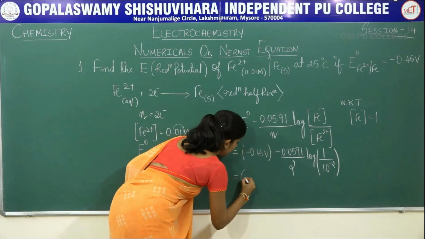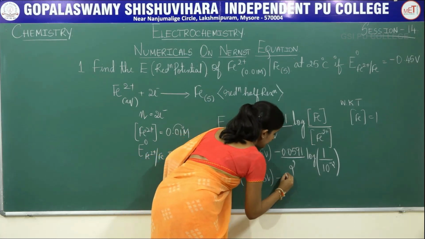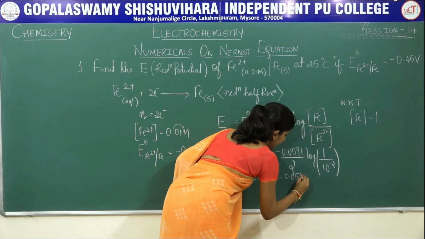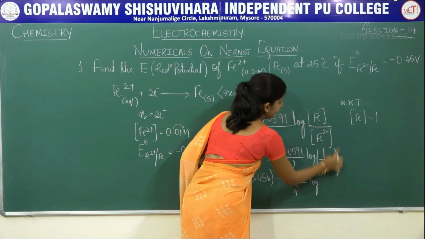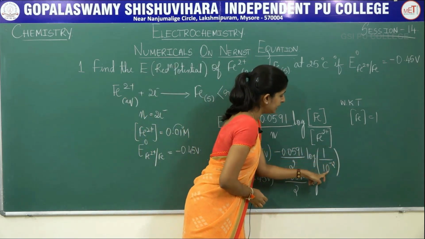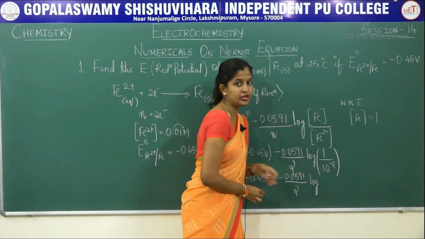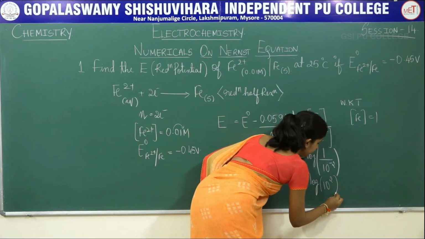Then E is minus 0.45 volts minus 0.0591 divided by 2 log of, when it goes from denominator to numerator, 10 to the power of minus 2 becomes 10 to the power of plus 2. That is log of 10 to the power of 2.